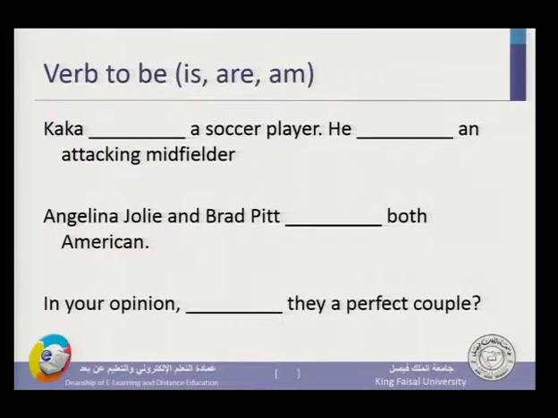The example has shown you that with Kaka, a name like Ahmed, like Ali, like Huda, like Suad, is is to be used because we are talking about a proper noun, or is is to be used with third person singulars: he, she, or it. In the second example, we used the third person singular subject pronoun he, and with he, is is to be used. Ahmed is, Kaka is, George is, and with the pronoun he, is is also to be used.